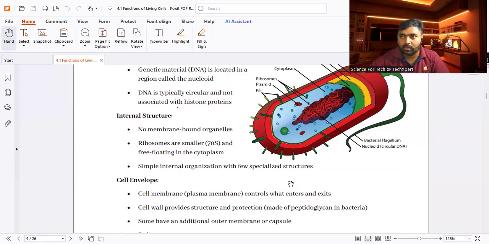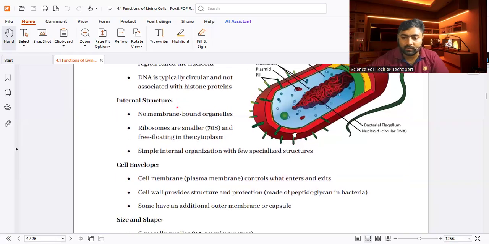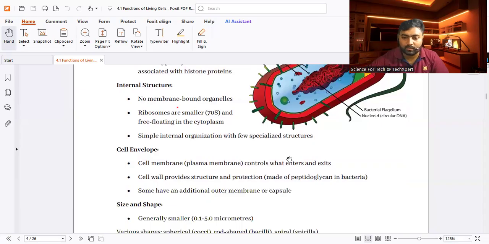Things that are harmful to the internal structures are not allowed into the cell most of the time.